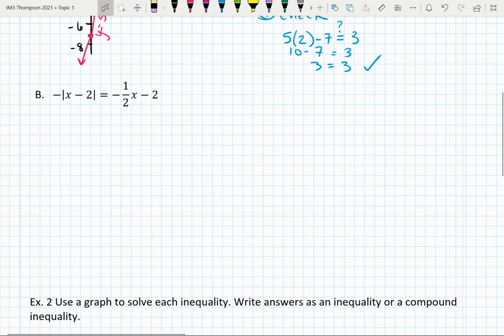This time, I have an absolute value on the left-hand side, and I have a linear part on the right-hand side. So I'm going to create two equations. I'm going to set y equal to the left-hand side.